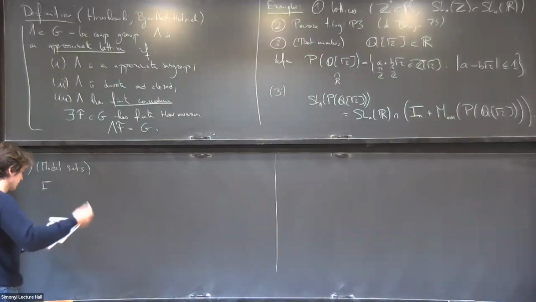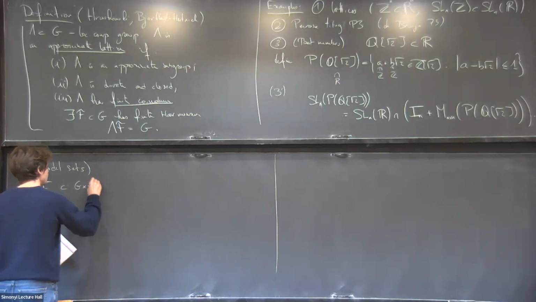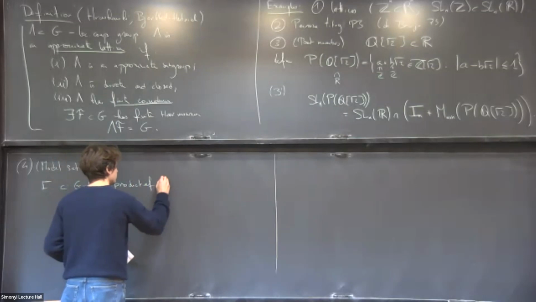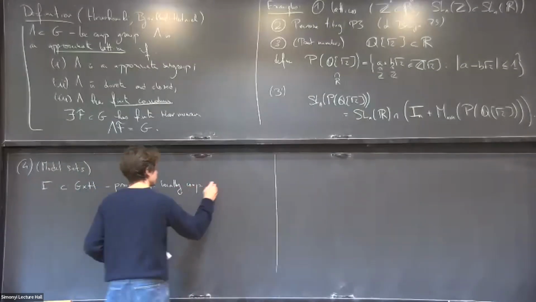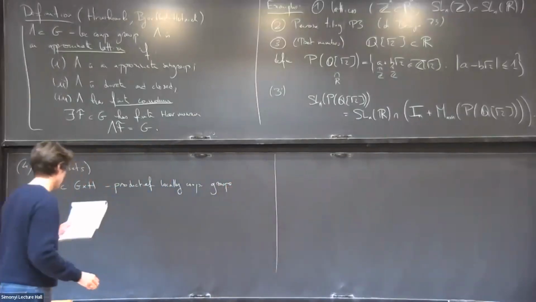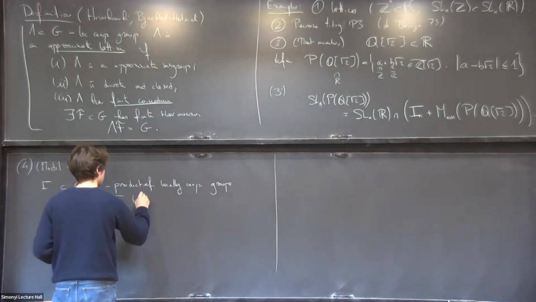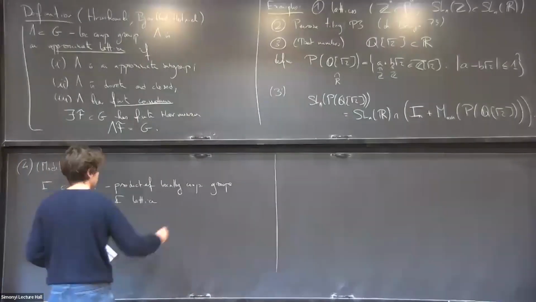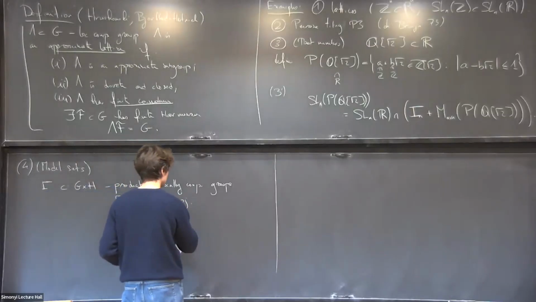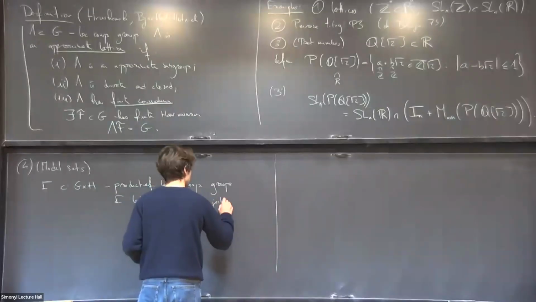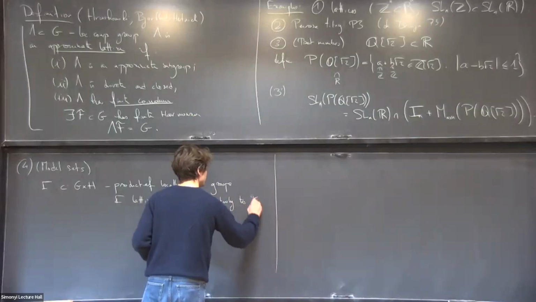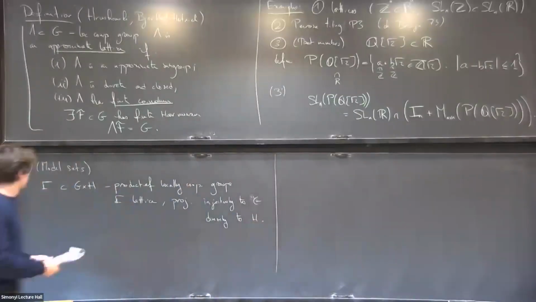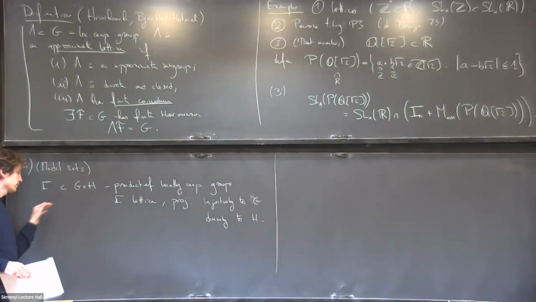To build these model sets, which are going to be a family of approximate lattices, you need to start with Γ in G times H, where G times H is a product of locally compact groups, where Γ is a lattice in G times H, and it projects injectively to G, and densely to H. So since it sits in there, I have my 2 natural projections, and one is injective on G, the other one is dense.